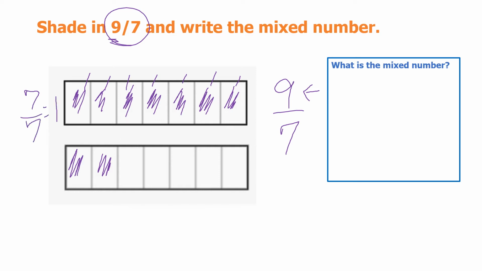So I actually have 1 whole, and then I have 2 out of the 7 shaded in. That makes my mixed number 1 and 2/7. So when I see the improper fraction 9/7, it changes to the mixed number 1 whole and 2/7.